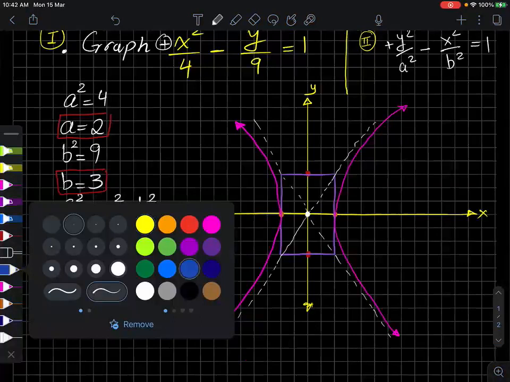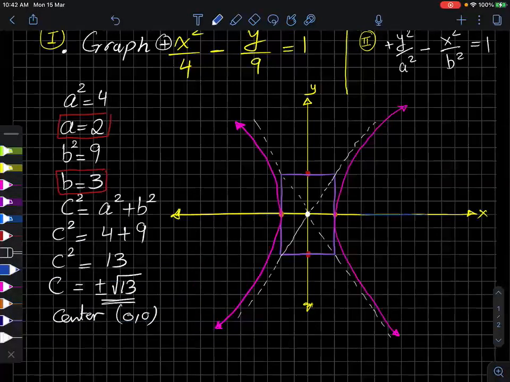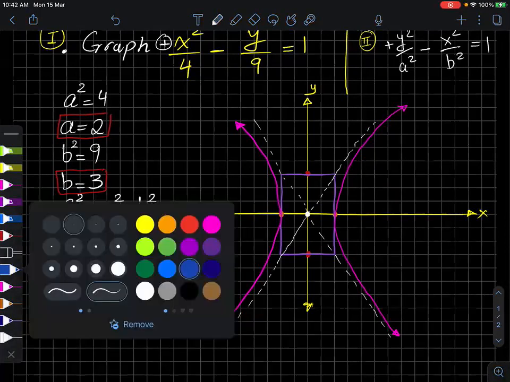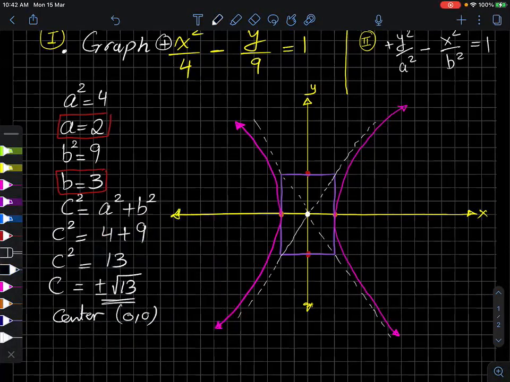Let's make it black. This one is the transverse axis, which is the x-axis right now. It passes through the center and through the vertices.